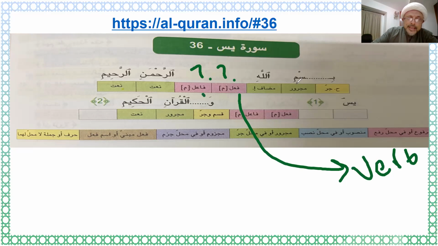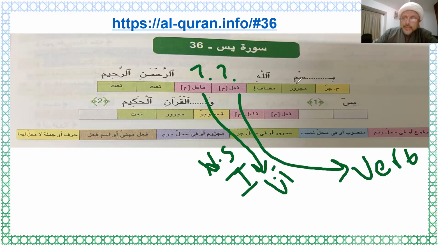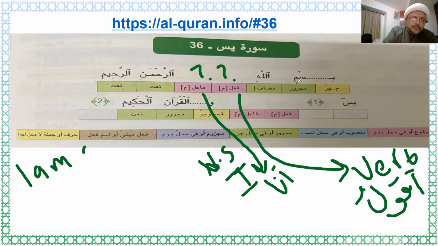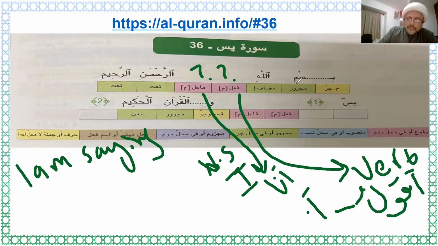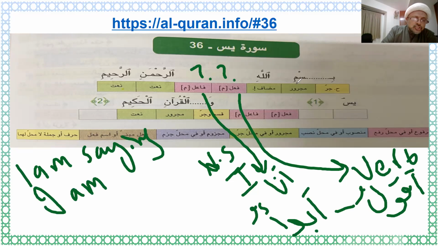Then they have chosen, and this is obviously I. The subject is I. Verbal subject, I, that I, ana. Okay, so the verb could be aqulu, I am saying, or abda'u, I am starting the surah with Bismillahir Rahmanir Rahim.